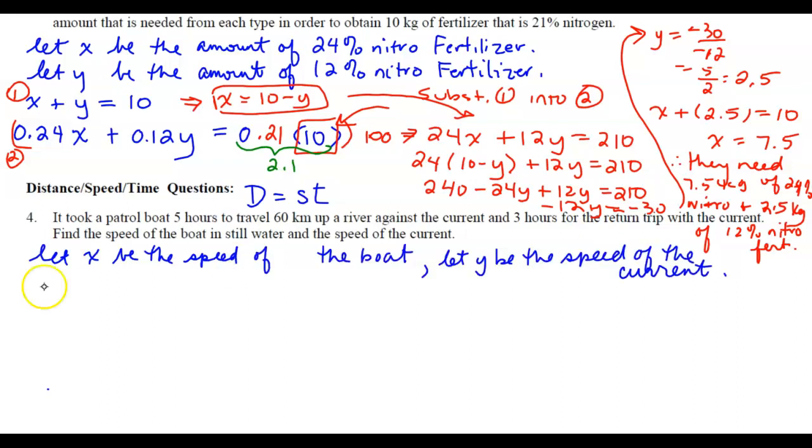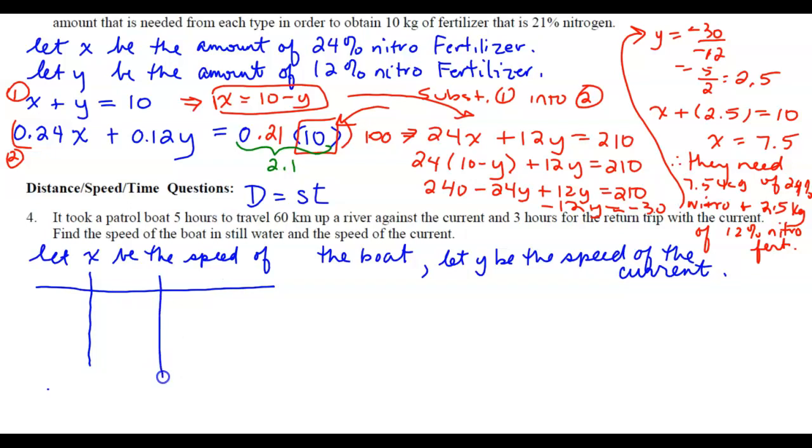What you might want to do is set up a little chart. Okay, and what goes in the chart, couple of columns, 3 columns, distance, speed, and time, and for which situation.